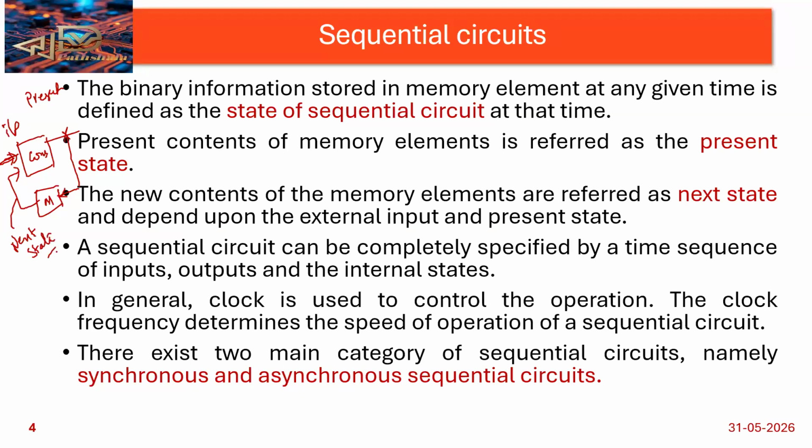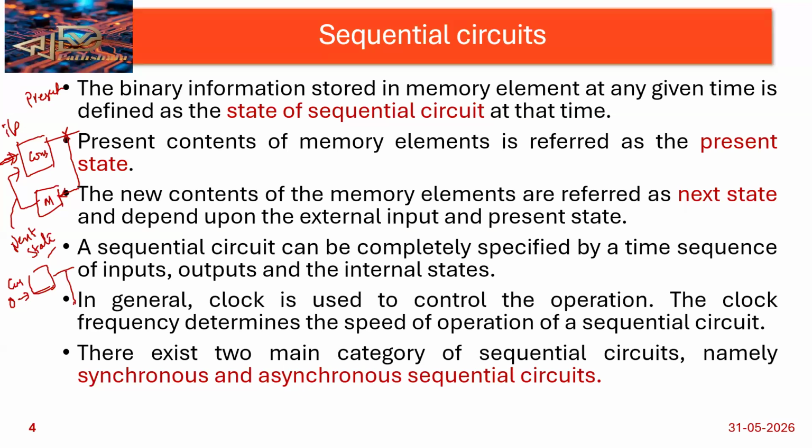Every time we get a new element from the memory, that is treated as the next state. Then the next value you get is treated as the present state. Suppose I'm giving the value 0 in the current state, then you get some output.